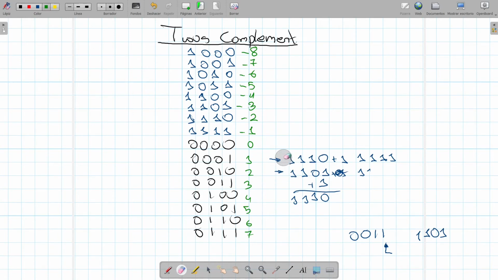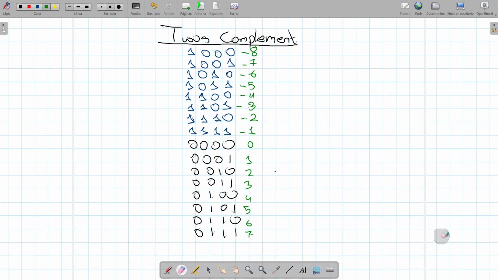So again, this is 2's complement, which we can do just by finding the 1's complement and adding 1. Or we can just get any number, for example, number 4 in binary, and we write all the digits from right to left until we find the 1, and then change everything else. And that would be -4. The same can be done the other way around.